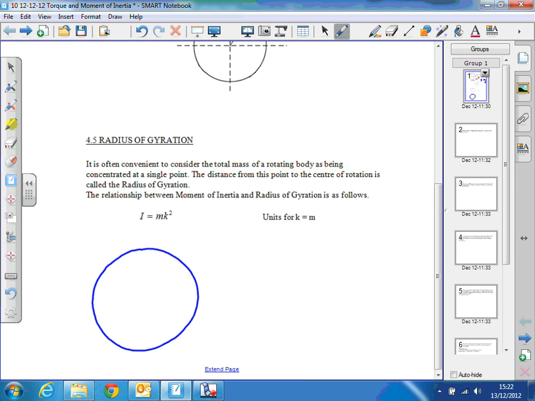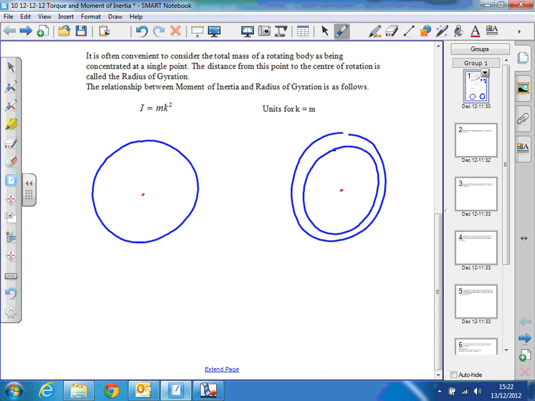There are a couple of formulae that are worth making a note of, for two rotations that we consider. One is a solid flywheel rotating. The other is some rotating body with a rim and no mass in the middle. So there are two considerations and two formulae. K, the radius of gyration for a solid flywheel, equals the radius over the square root of 2, and that can be derived.